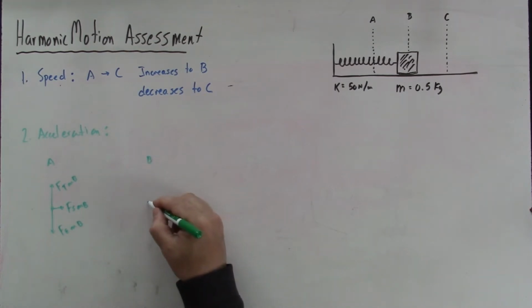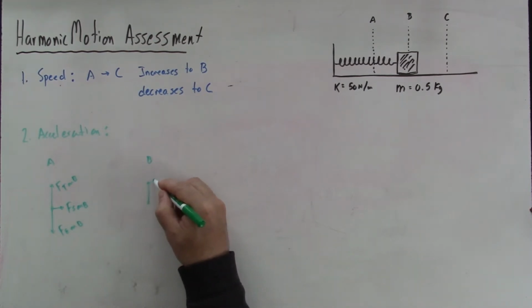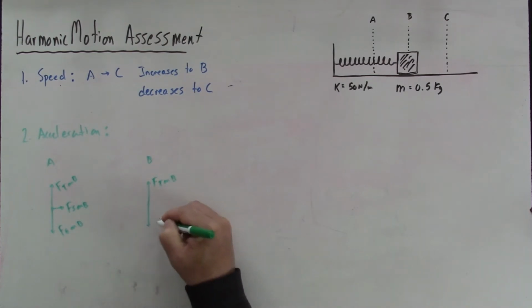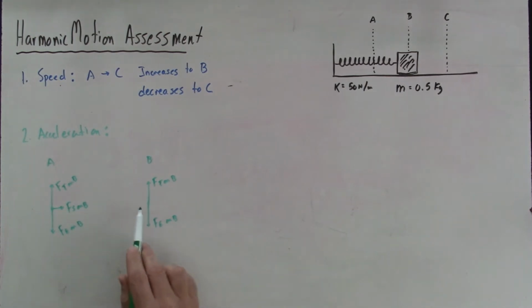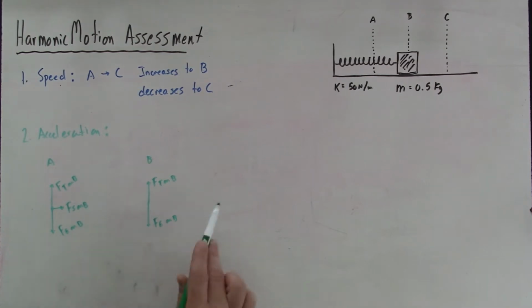When it's at B, force of the table on the block, force of the Earth on block. But when it's at B, there's no pushing. The spring is neither compressed nor stretched out.